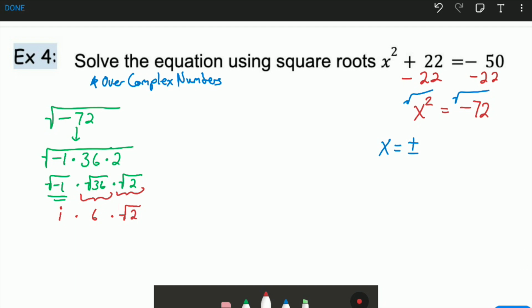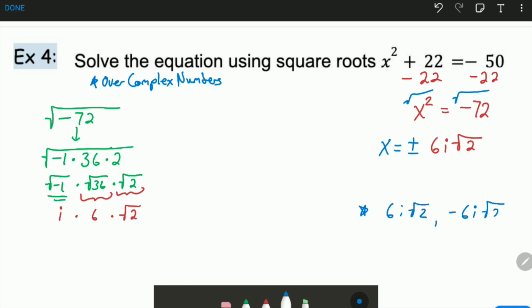Overall, i times 6 times the square root of 2: i times 6 is 6i, times radical 2 would be 6i radical 2. 6i radical 2 would be the answer. Remember, you can also write it out as positive 6i radical 2 and negative 6i radical 2.